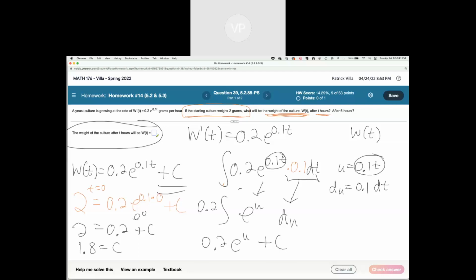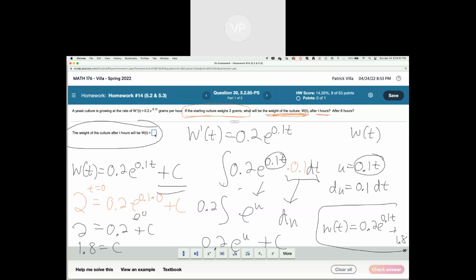So now I can rewrite that original equation to be 0.2 e to the 0.1 t plus 1.8. That's my W of t formula. After all that, that's what I found it to be.